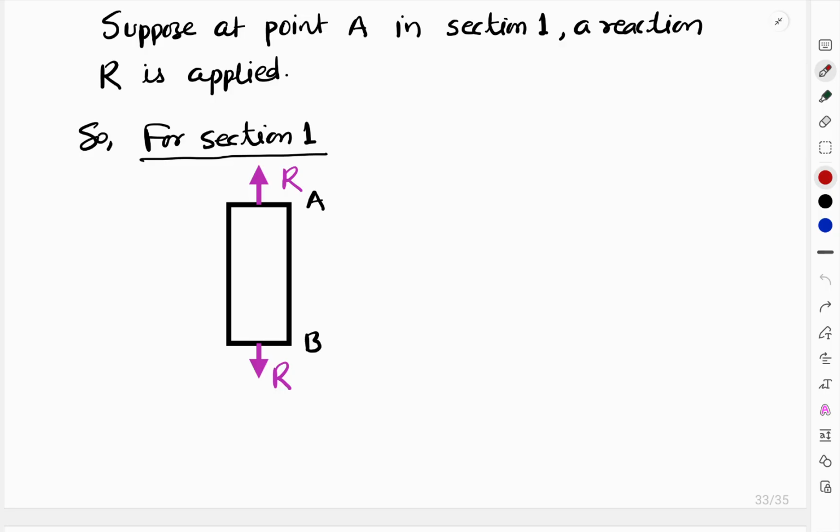Next, to maintain the equilibrium of this section, at the other end similar reactions will be there. So this member will be under equilibrium. This is the first member we selected.